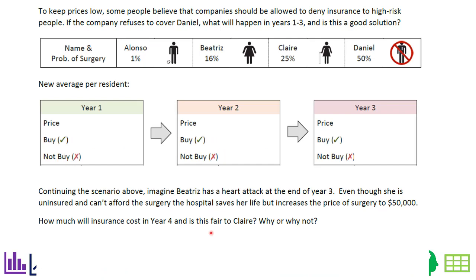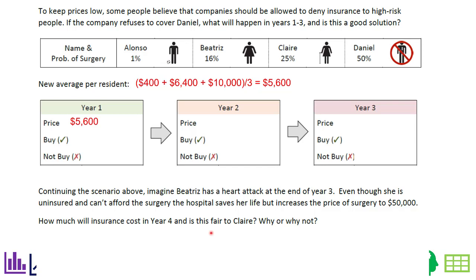Now, to keep prices low, some people believe that companies should be allowed to deny insurance to high-risk people. If the company refuses to cover Daniel, what will happen in years 1 through 3, and is this a good solution? So we get rid of Daniel's cost, which was $20,000 a year. So we have $400 for Alonso, $6,400 for Beatriz, and $10,000 for Claire.